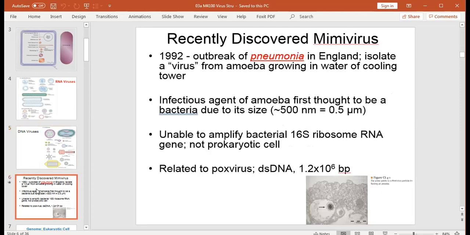Slide number 6 talks about the recently discovered mimiviruses. Mimiviruses are a genus of giant viruses. They're big viruses. In 1992, there was an outbreak of pneumonia in England, where the clinicians and scientists isolated a virus from an amoeba that was growing in waters of cooling towers.